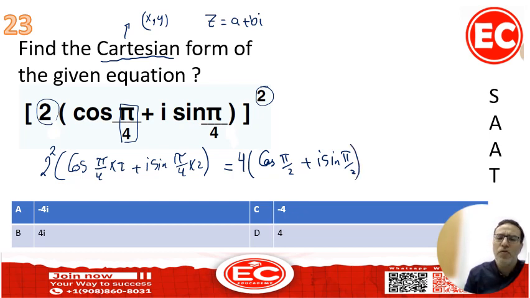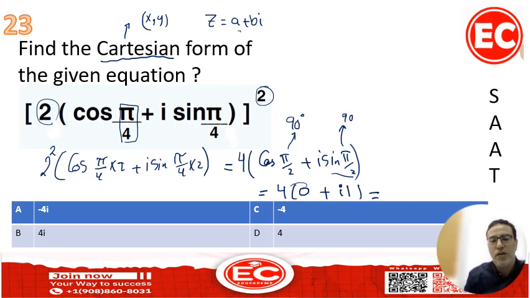What is pi over 2? Pi over 2 is 90 degrees. We all know that the cosine of 90 is 0, plus sine of 90 is 1, so it's i multiplied by 1. So 4 multiplied by 0, there is no real value. And 4 multiplied by 1 is 4i. So the right answer is B.